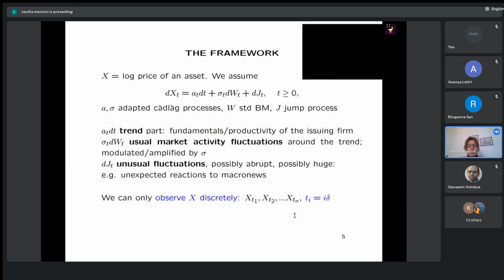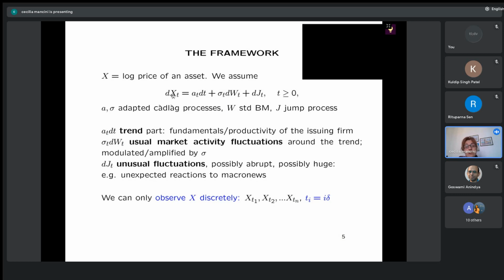So this is the framework we have in mind. X is the log price of an asset, and we assume it evolves in time following this stochastic differential equation, where we have a trend, a_t dt, plus Brownian fluctuations representing usual market activity fluctuations around the trend, which are amplified or reduced by the coefficient sigma, and a jump part representing the unusual fluctuations, possibly abrupt, possibly large, for instance, unexpected reactions to macro news.